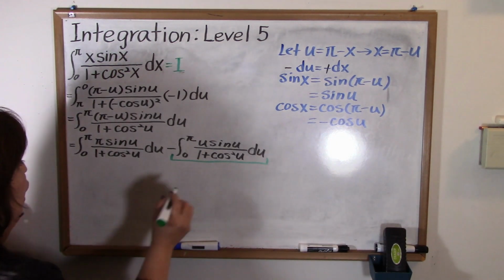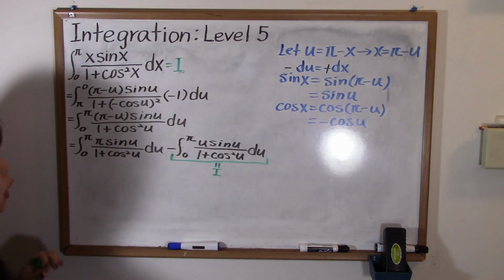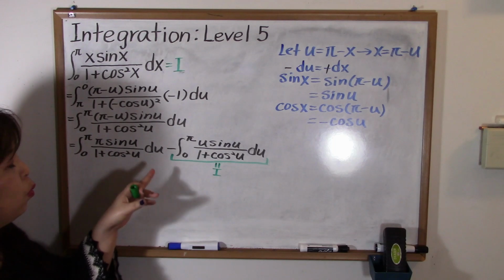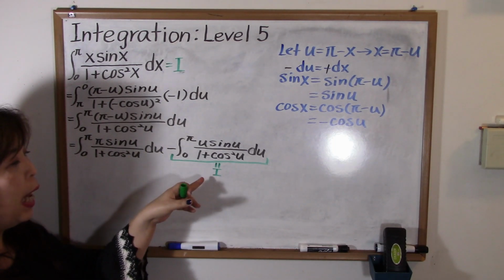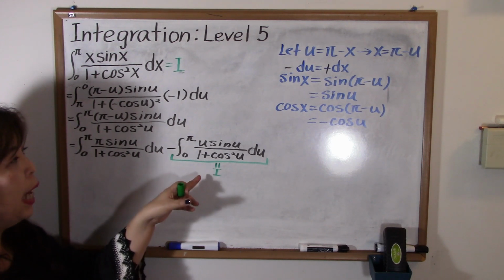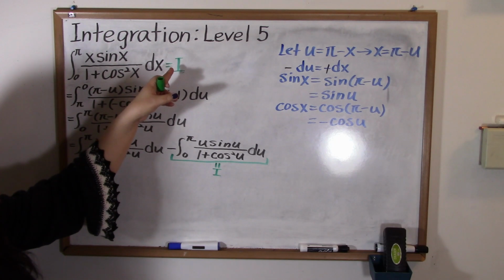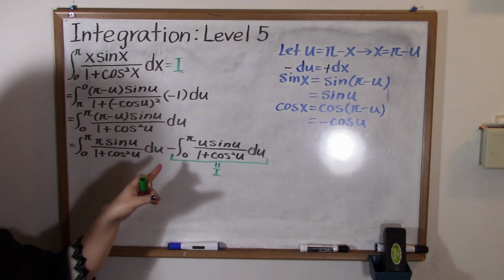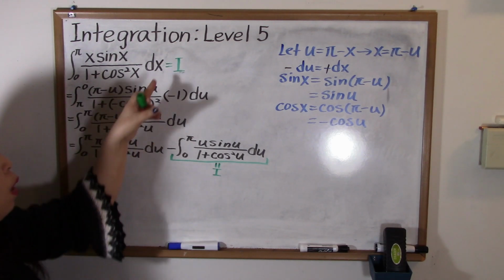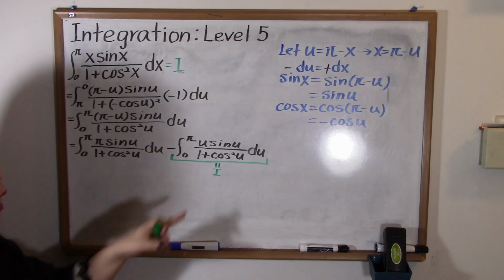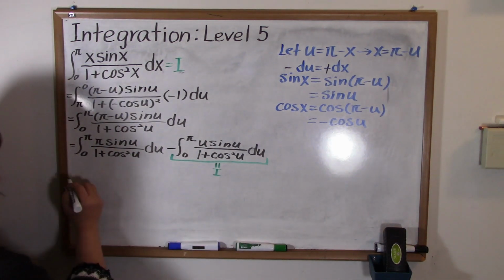So, I'm going to say this is equal to I. Okay? So, now, the point is we want to move negative I to the left side. So, this is I, positive I. And then when we move negative I, negative will be positive. So, I plus I, which is 2I. Okay, so 2I, it's going to be 2I.